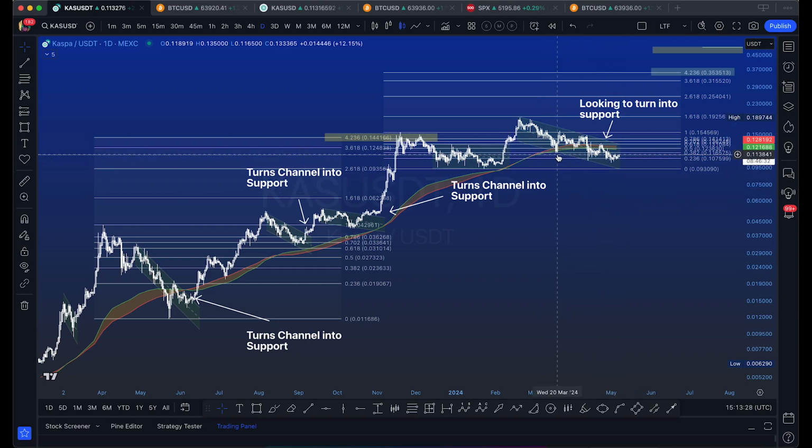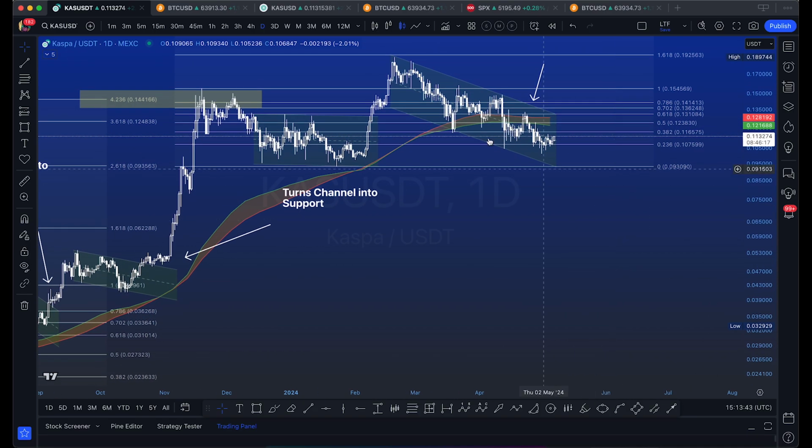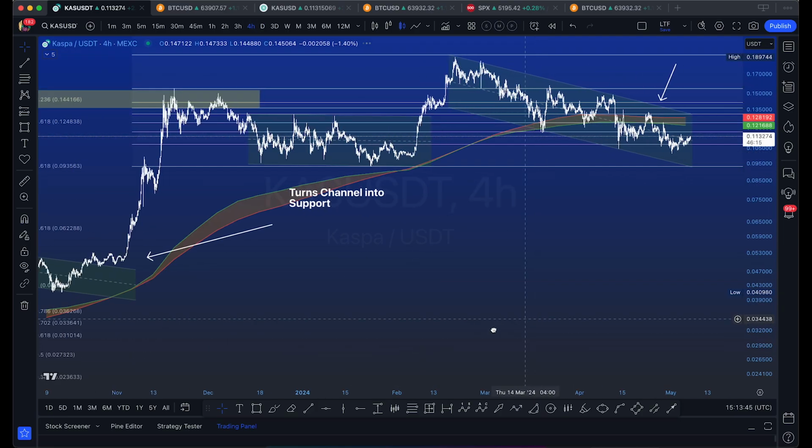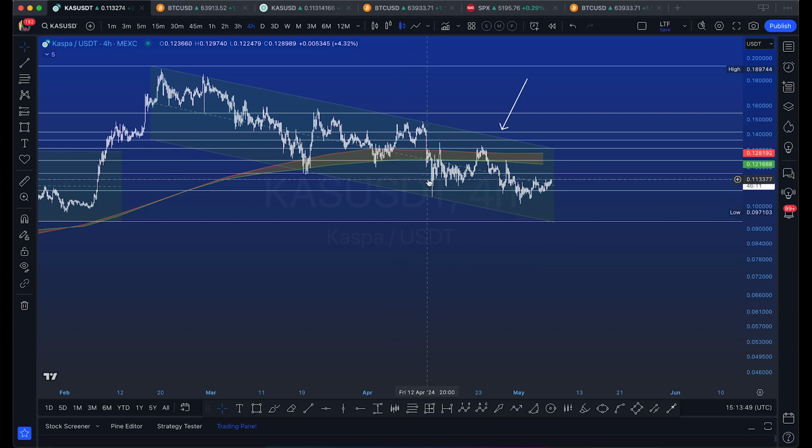We can see that it has dropped down to the lower trend line of this descending channel and tested it twice. And then it has popped up, it's come down. And now currently, if we look a little bit closer, we can see that Kaspa is in fact above the midline.